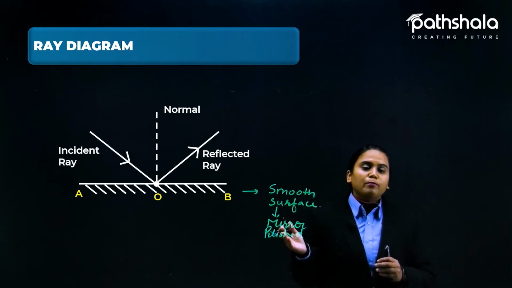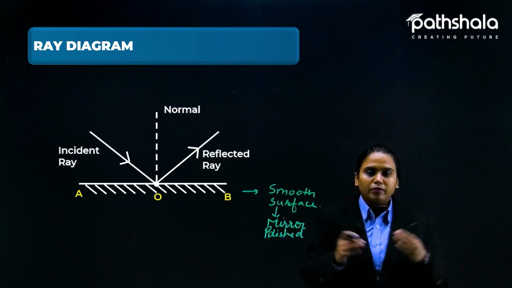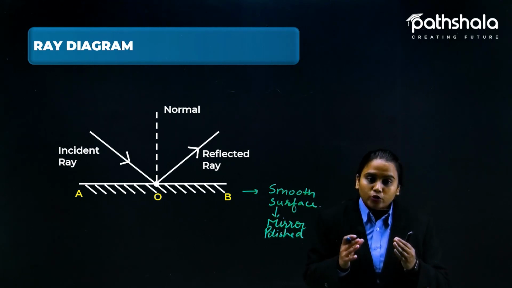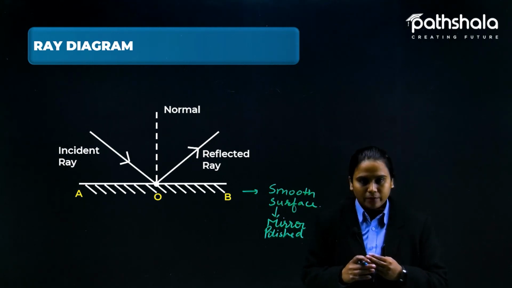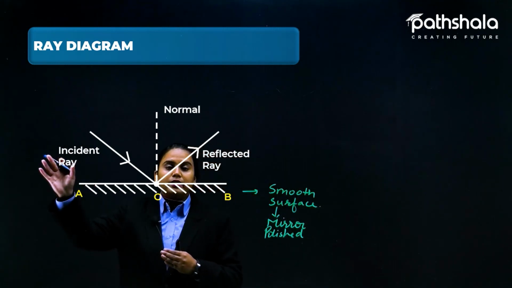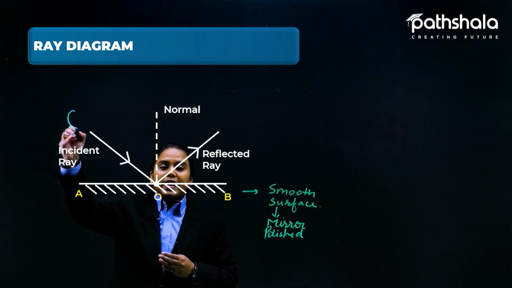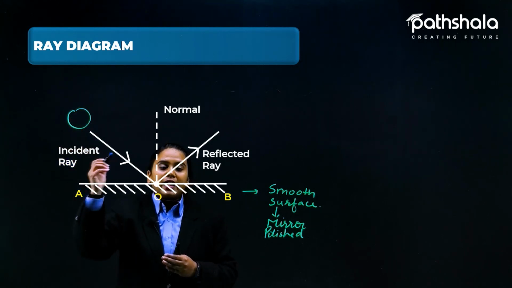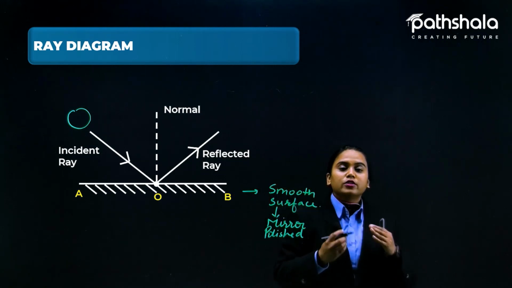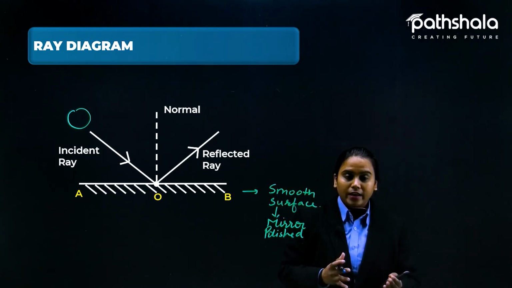Now, before proceeding further, there are certain terminologies that you should know about this ray diagram. One is the incident ray. What is this incident ray? Any source of light that is present, and the light that has been thrown by the source of light, is known as the incident ray.